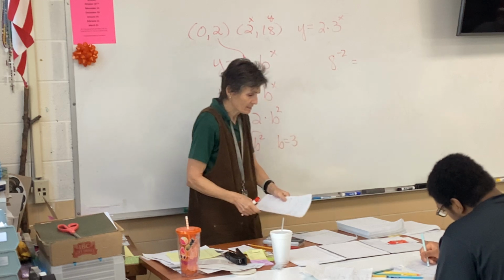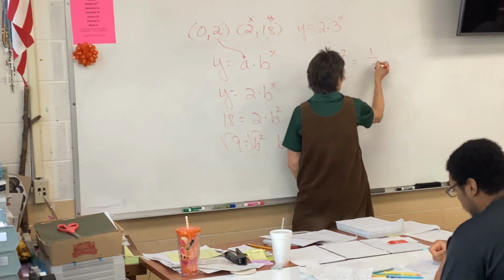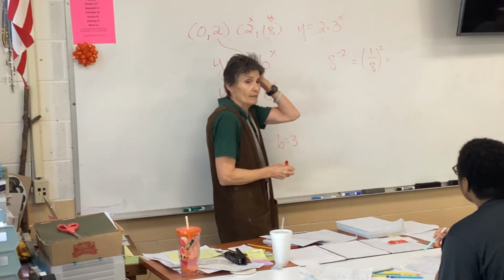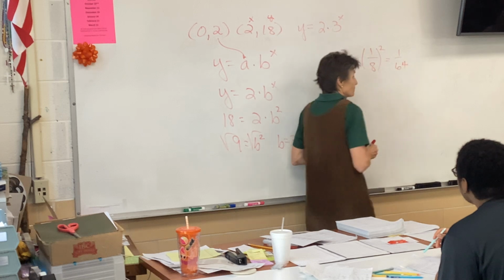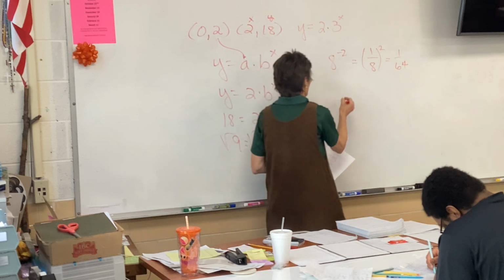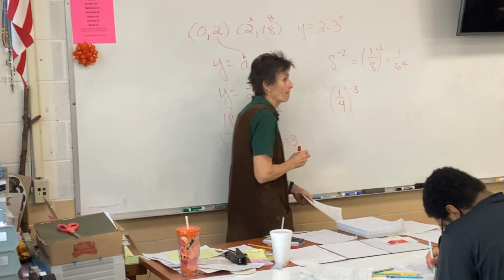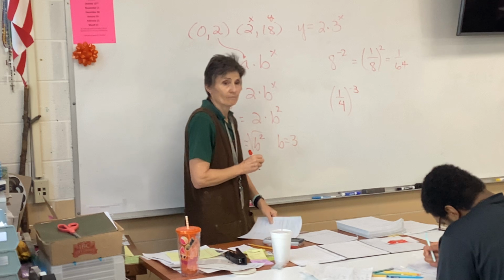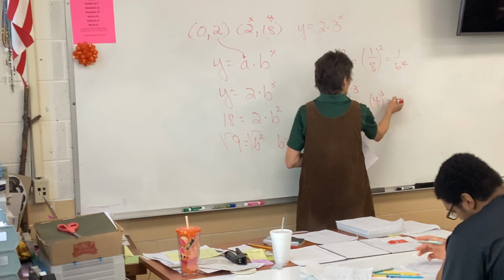What does 8 to the negative second mean? 1 over 8 to the second. And 1 over 8 to the second is 1 over 64. One-fourth to the negative third: flip it and make it 4 over 1, or just 4 to the third.